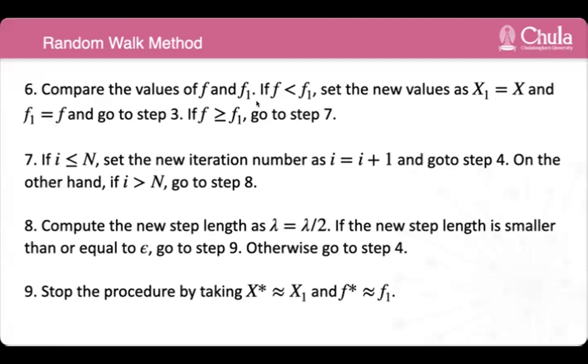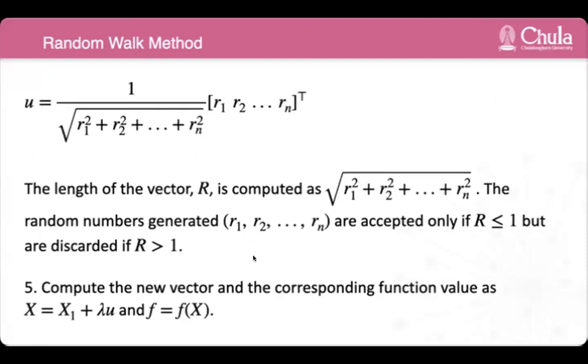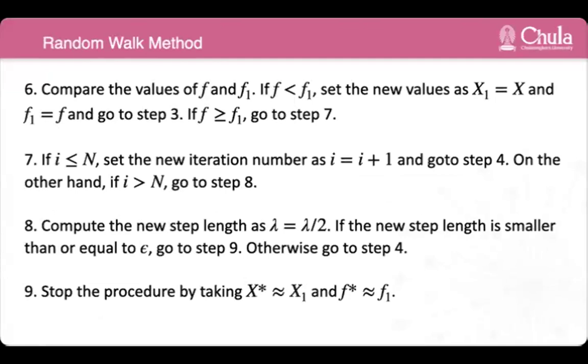And then compute the new vector corresponding to the function value. This lambda, you find the lambda based on that direction. Find the minimum point. If you get a smaller value, then you accept it. And you get a new point.